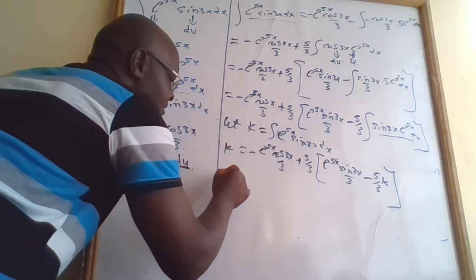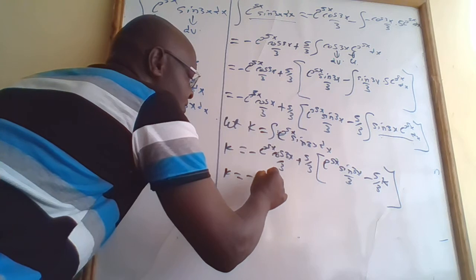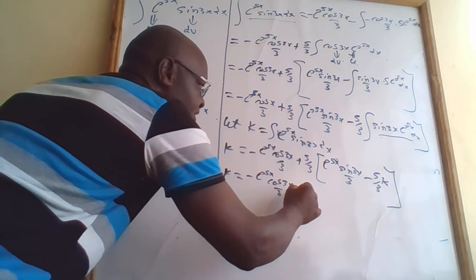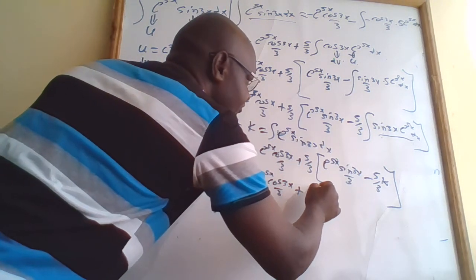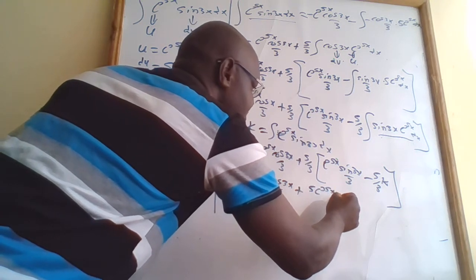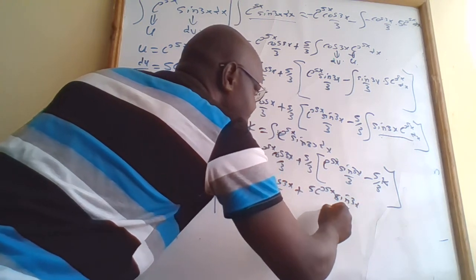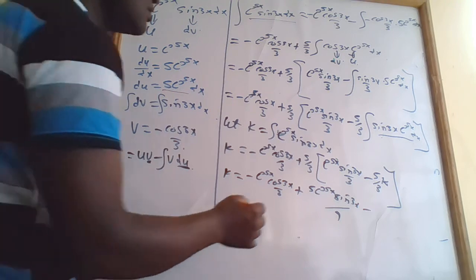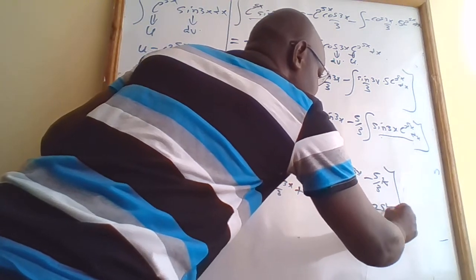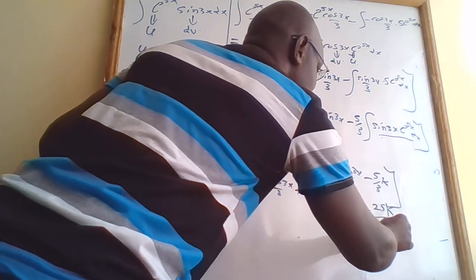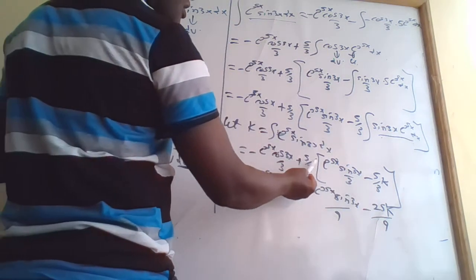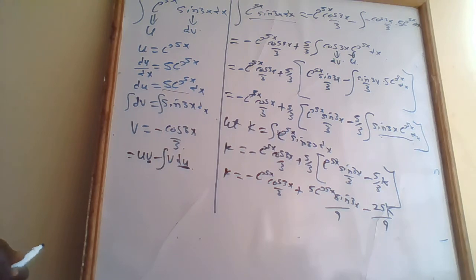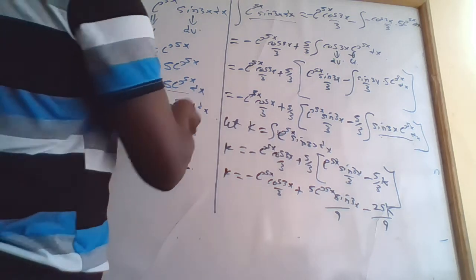So this k equals minus e^(5x) cos 3x all over 3, then plus 5e^(5x) sine 3x all over 9, then minus 25k all over 9, multiplying 5 times 5, 3 times 3, so 25k all over 9.